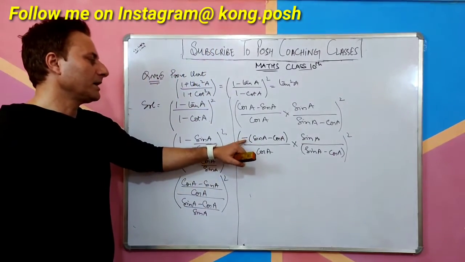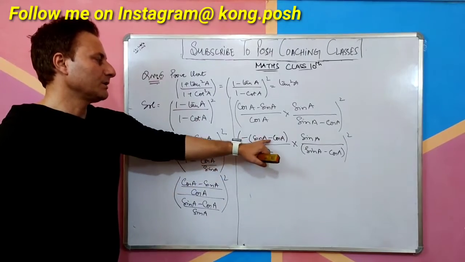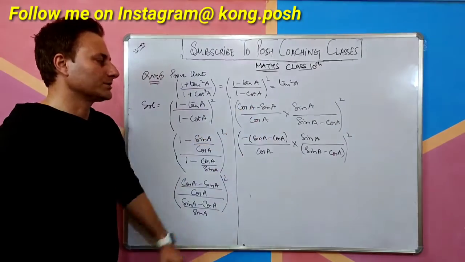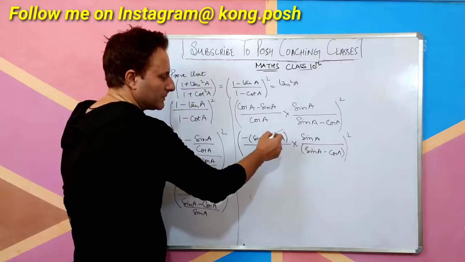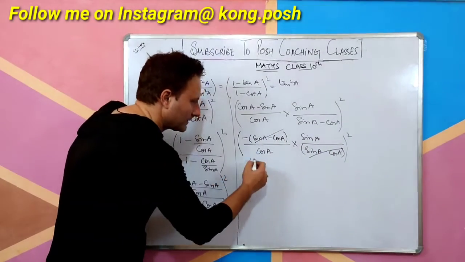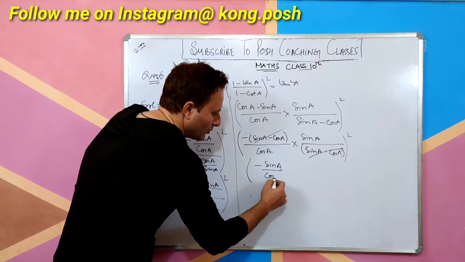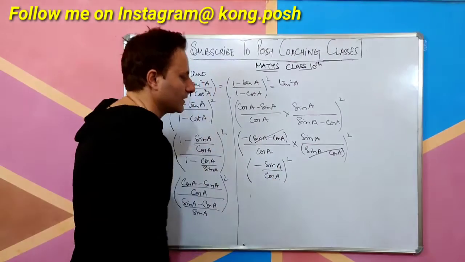If I multiply minus with sin A, it becomes minus sin A, then minus into minus, that becomes plus, then cos A. What is the reason behind this? Because now I can cancel this and this. And what is left? It is minus sin A upon cos A whole square.